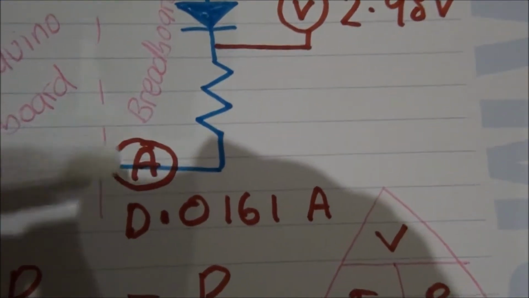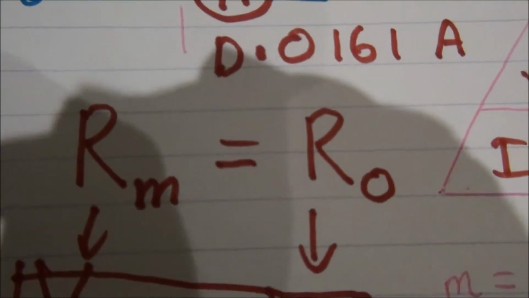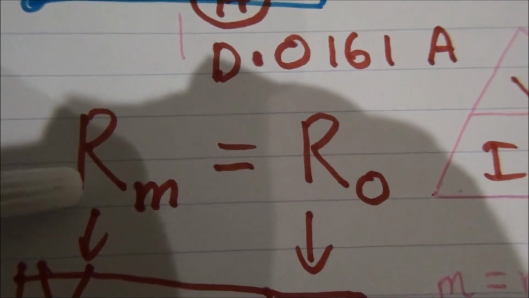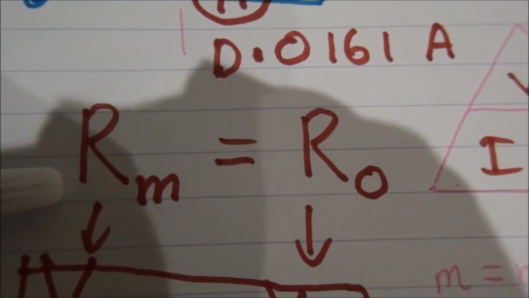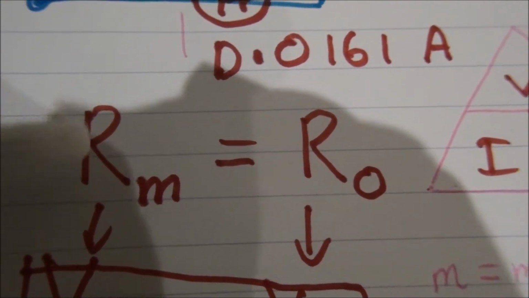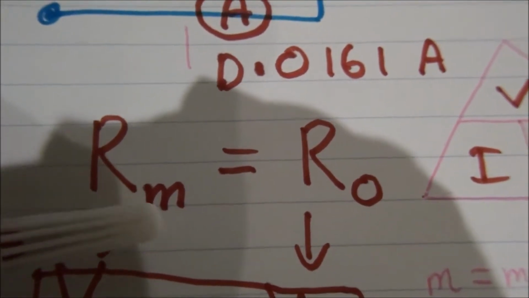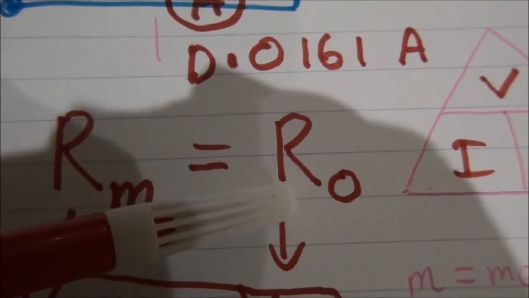So using that understanding, talking about our LED in particular here, we have this situation here. The resistance of the LED from the measured situation, using our multimeter to measure the current through the circuit and the voltage across the LED, will be the same as the resistance of the LED under optimal conditions.